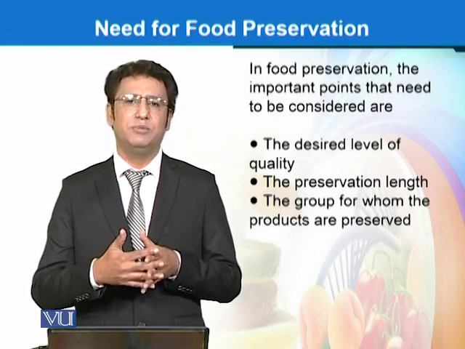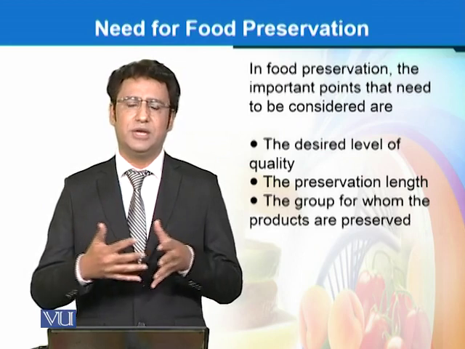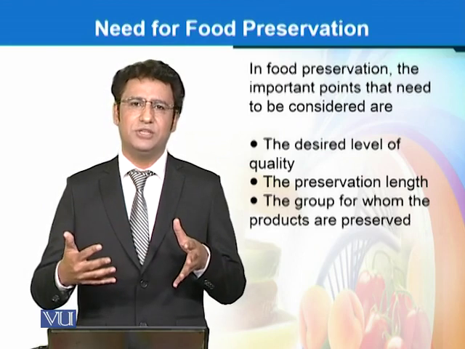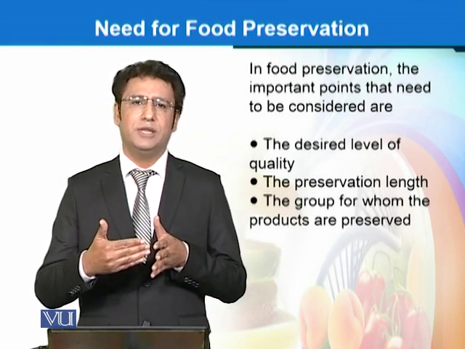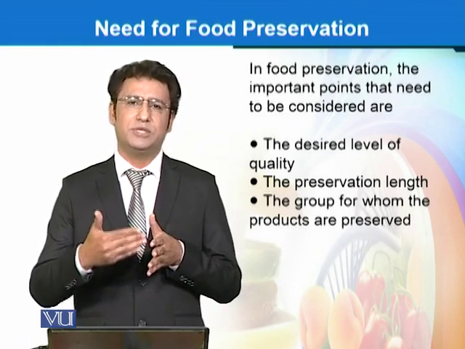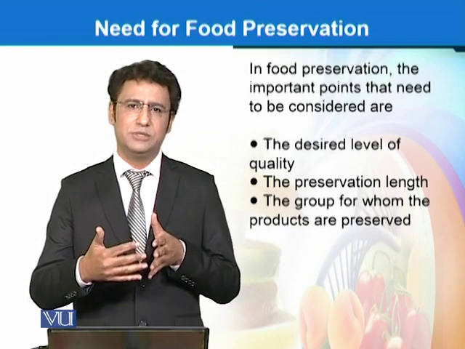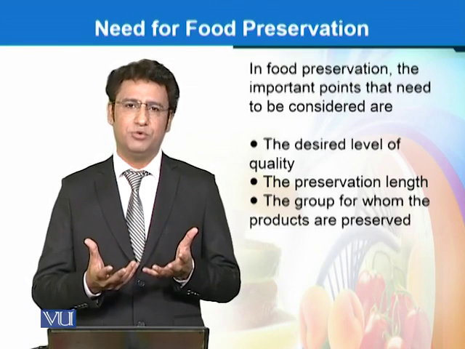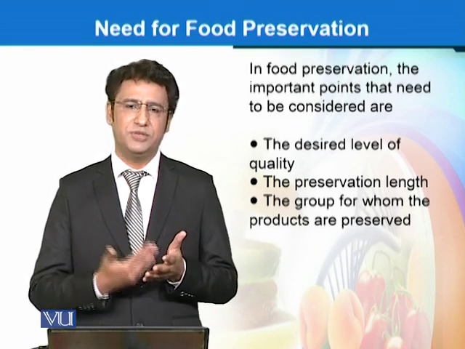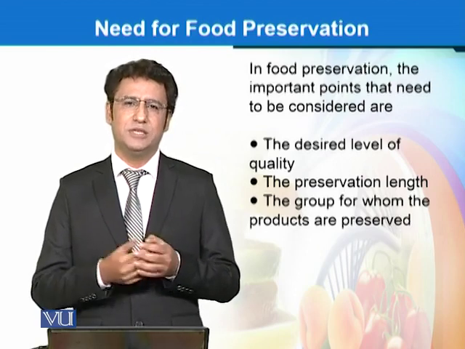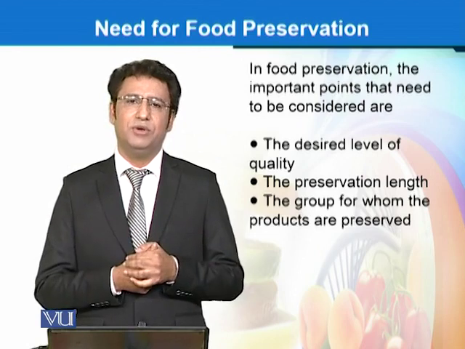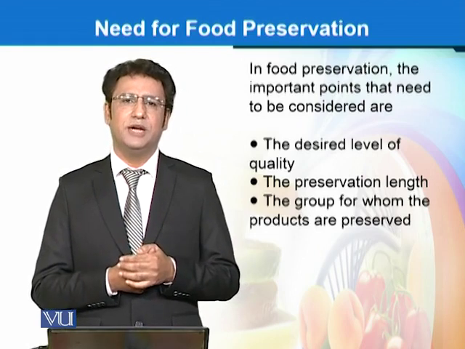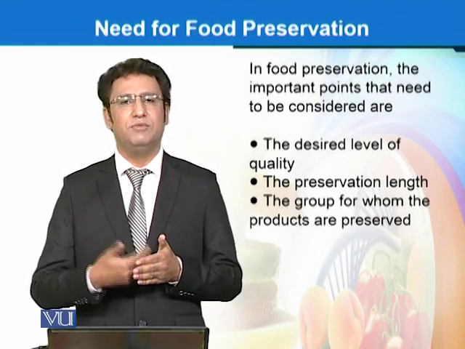For example, for soldiers working in areas like Siachen or glaciers, we need to look at the kind of food that can be given to these end users. Canned food products may be more suitable than fresh food products. So we have to consider the end user as well. So these were the different factors which let us know that we need to preserve food and the way we preserve our food.